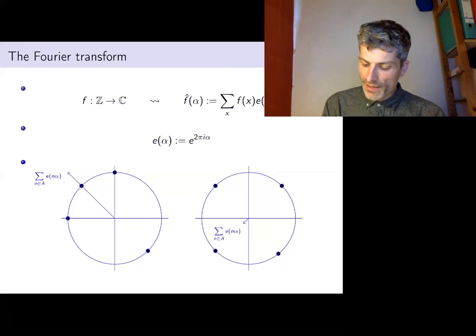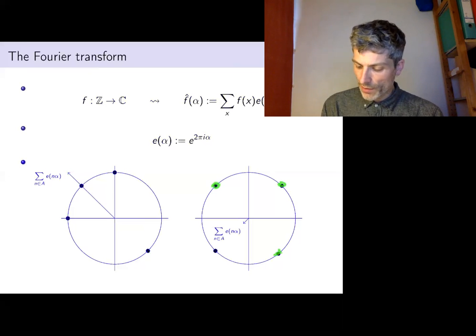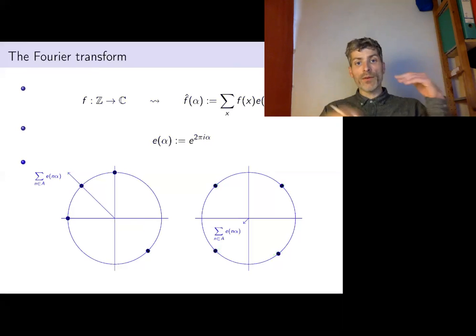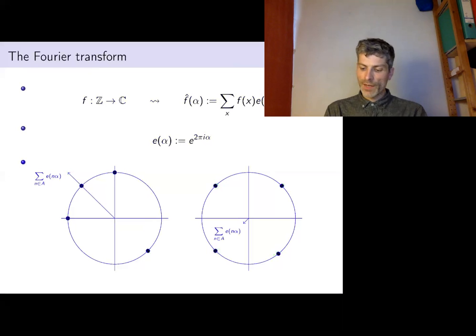So if your set is spread evenly around the circle at this frequency, then when you add these vectors up, the vectors all point in different directions and those directions all cancel out and you get a small sum. So when there's no clustering, no Bohr structure, you should have a small Fourier transform.